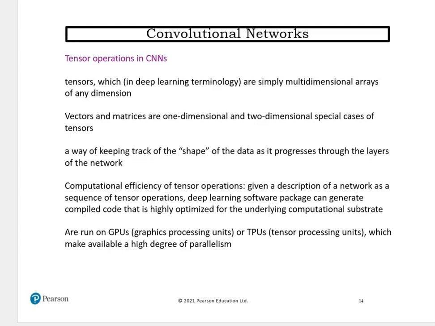So deep learning typically runs on GPUs or TPUs, which stand for tensor processing units, which make available a high degree of parallelism. So the operations are optimized for the actual device that's performing the calculation to take advantage of the ability to do all of these backpropagation steps and matrix multiplications in parallel.